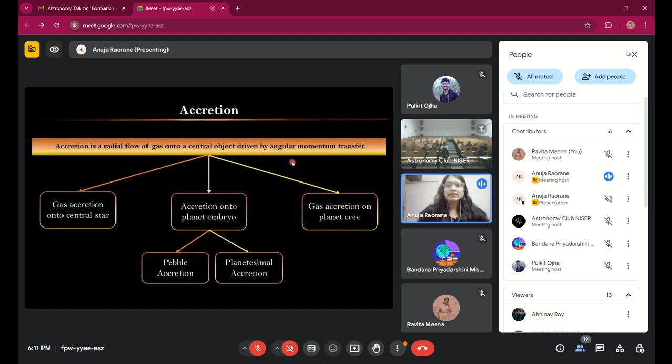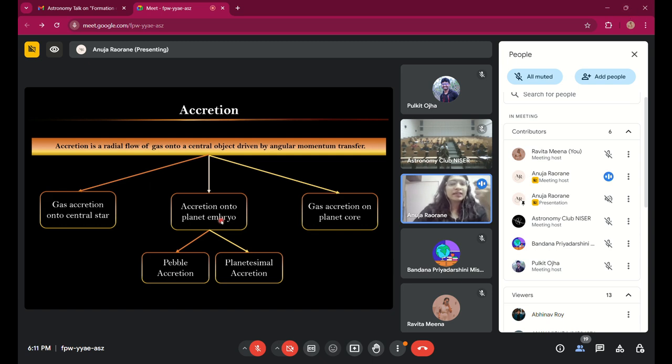So, what is accretion that I'm talking about so far? Accretion, in general, is a radial flow of gas or any objects onto a central object, and this is mainly driven by angular momentum transfer. And when we are talking about accretion, it's not just the gas accretion onto a planet core or the pebble or planetesimal that is accreting onto a planet embryo.